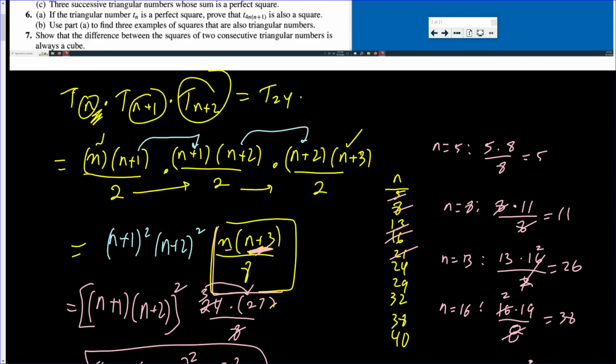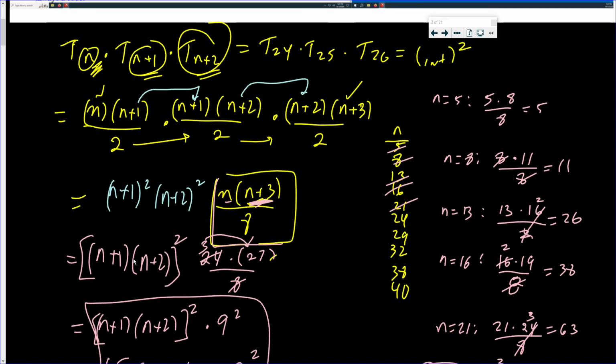So it'll be T24 times T25 times T26, and that's going to be an integer squared.